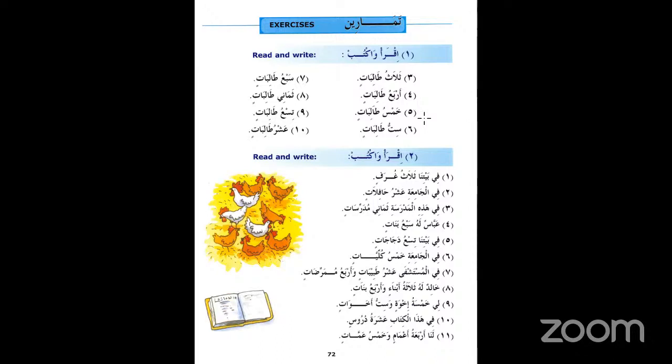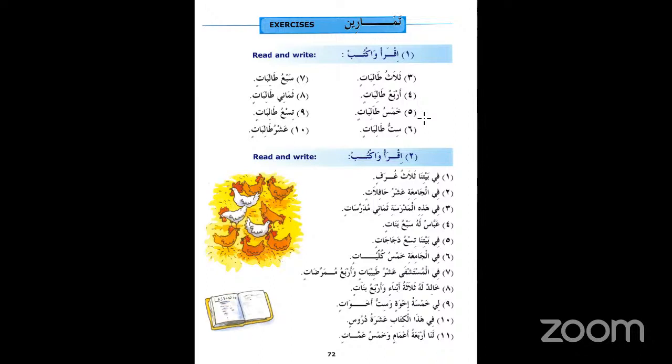Excellent. Masculine plural students. Sab'u talibatin, 7 feminine plural students. Idafa construction. And then I will say sab'atu tullabin, 7 students, masculine plural. Thamaniya talibatin, 8 feminine plural students. Thamaniyatu tullabin, 8 masculine plural students.